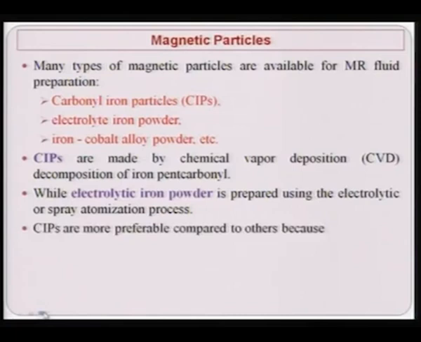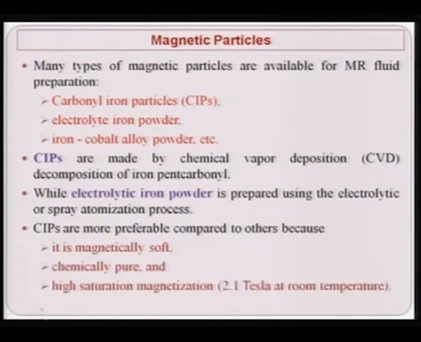CIPs are more preferable compared to others because they are magnetically soft, chemically pure and have high saturation magnetization, that is 2.1 Tesla at room temperature, which is a really very high value of saturation compared to any other iron or magnetic particle.